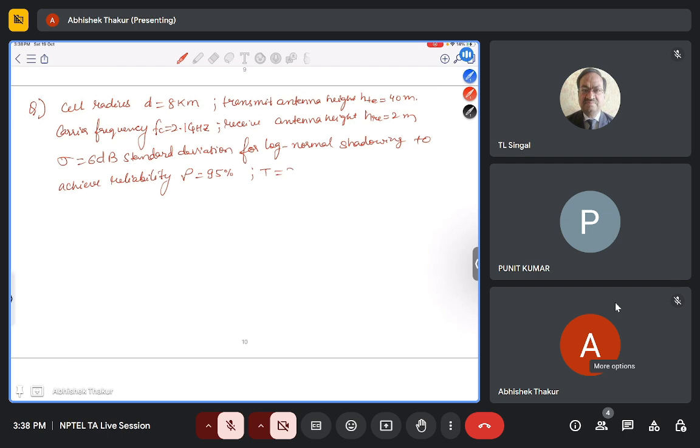Temperature T is given as 293 Kelvin. Bandwidth B is given as 30 kilohertz. Noise figure F is given as 5 dB.